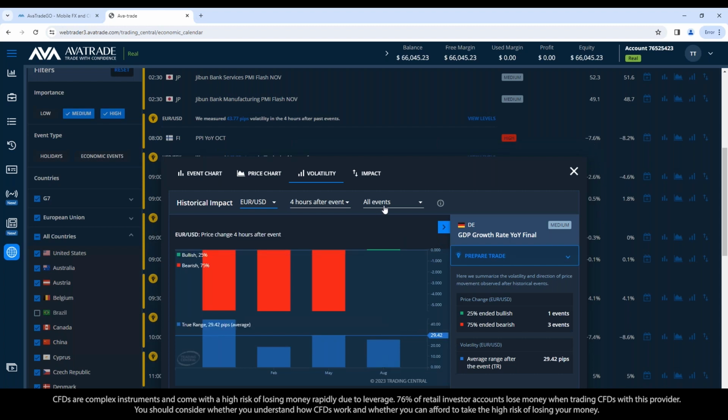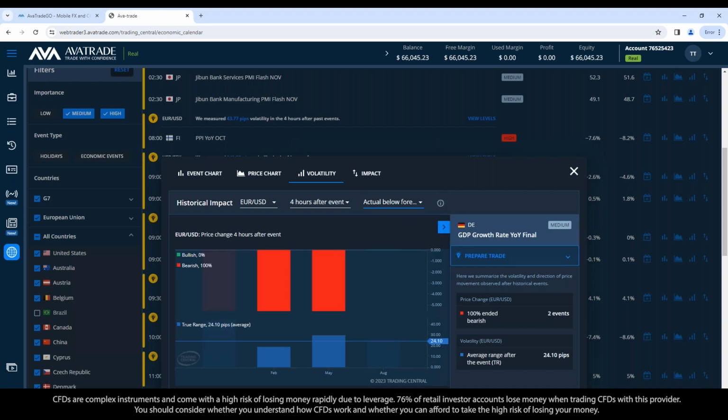But let's dig in a little deeper and see if this comes in below forecast. 100% of the time, it made sense in the past to sell, okay? So a decent amount of dropping with a high percent probability from the past data that if this comes in below forecast, it certainly leads to, in the past anyways, the USD pulling the Euro down.